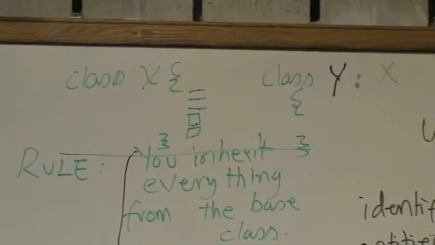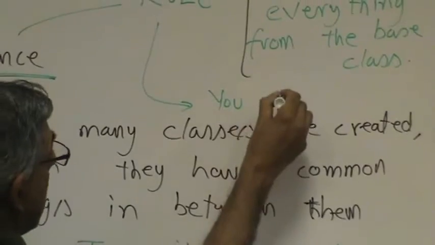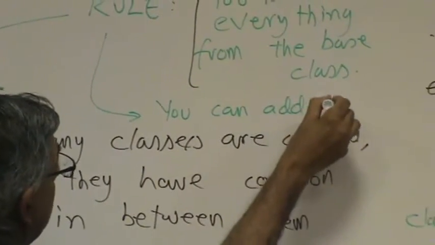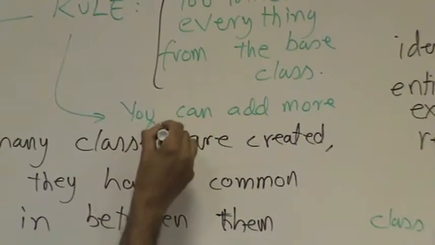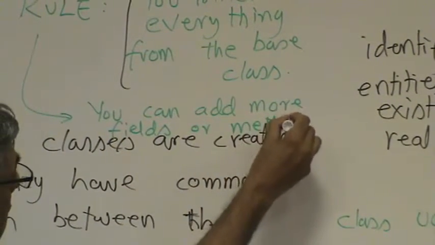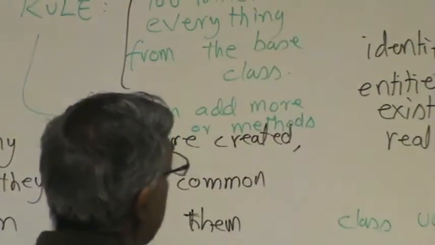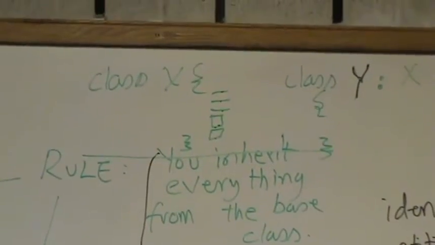Now the other rule in inheritance is, you can add more fields or methods, your choice. As you inherit, in class Y you can add more things if you feel like it.